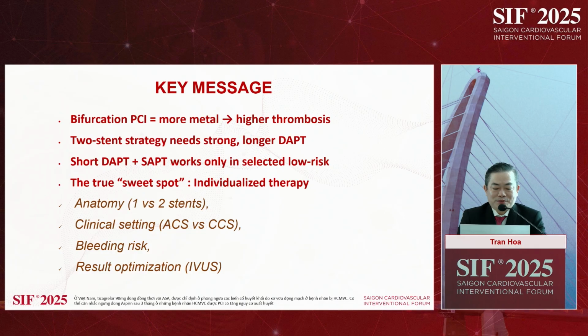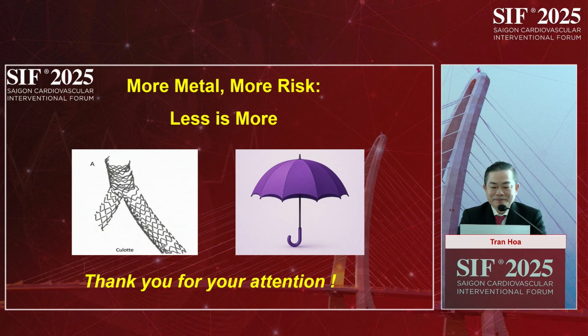So we have to individualize therapy. It depends on the anatomy, 1 or 2 stents, the clinical setting, CCS or ACS, and the bleeding risk, and sometimes on the result of optimization.